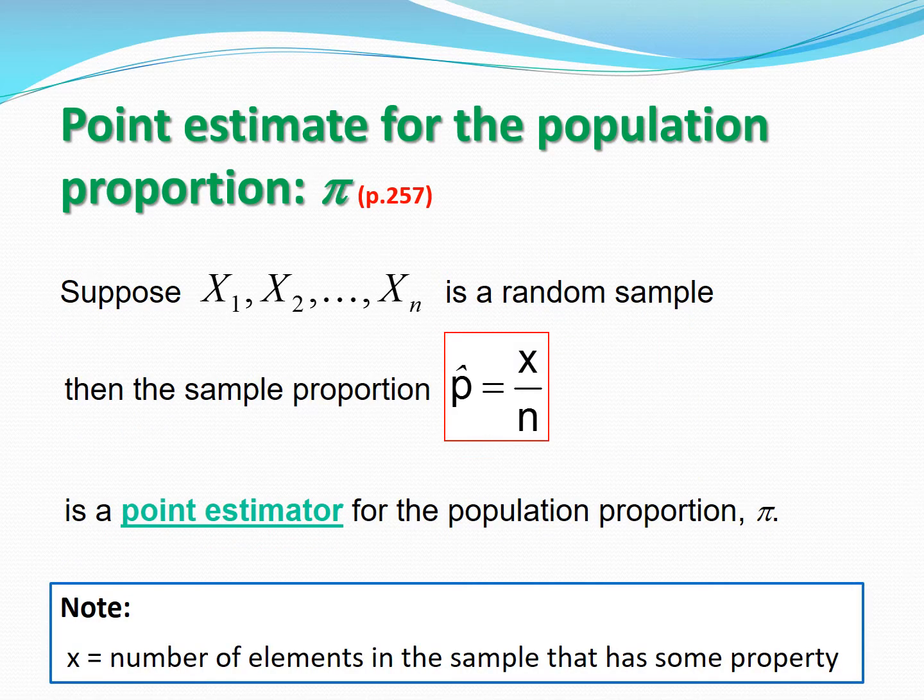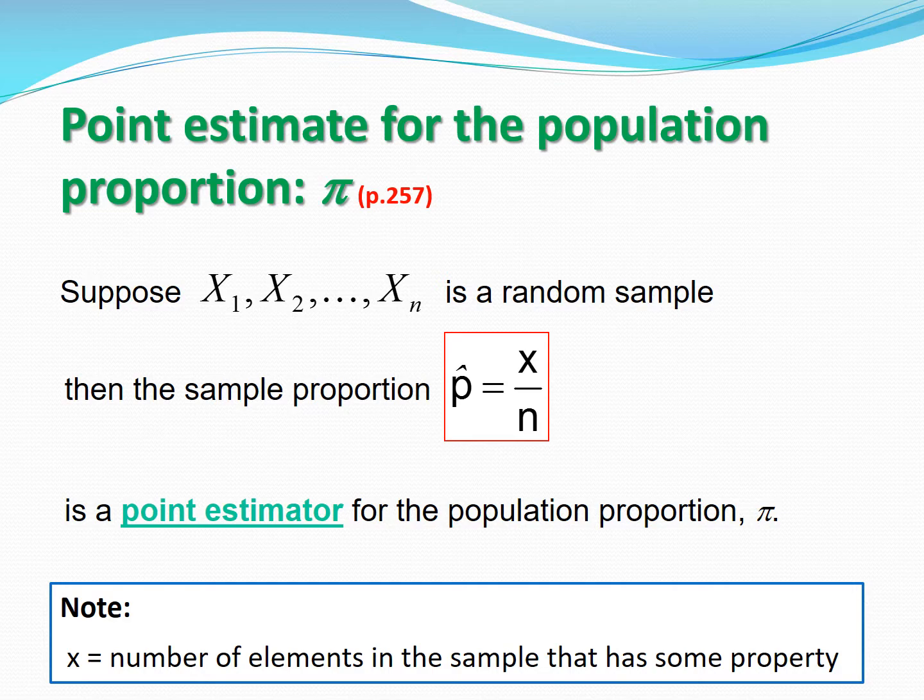Or the sample proportion, which is indicated by p hat, can be used as a point estimator for the population proportion, which is indicated by pi. Now we calculate the sample proportion by x divided by n. X is the number of elements in a sample that has some property, and n is the total elements in that sample.